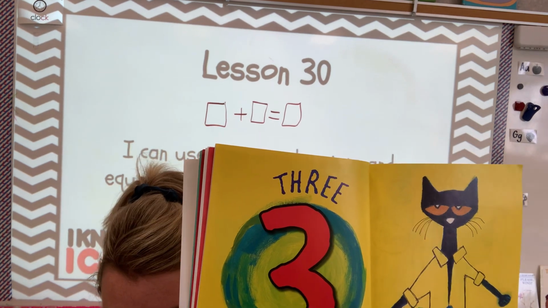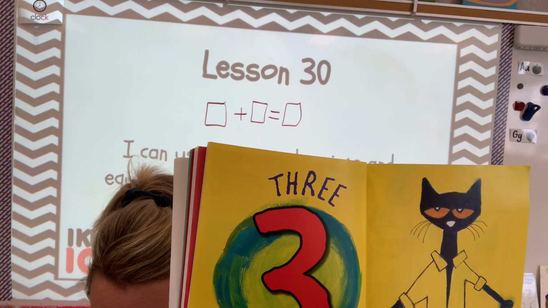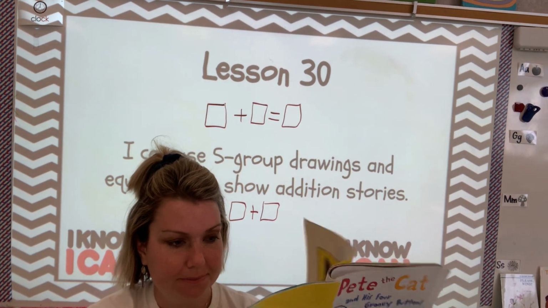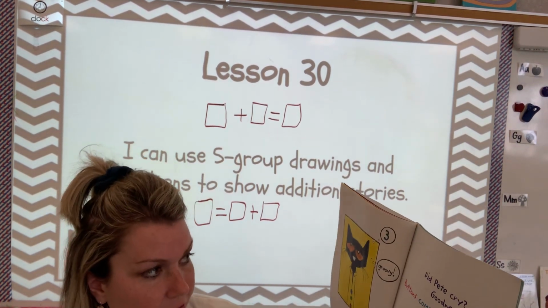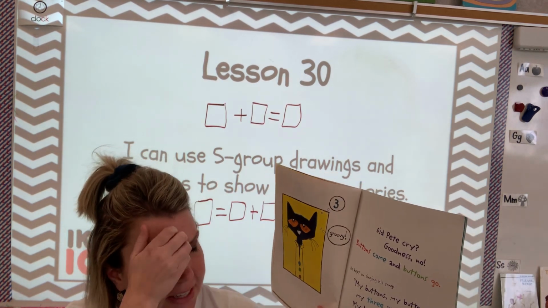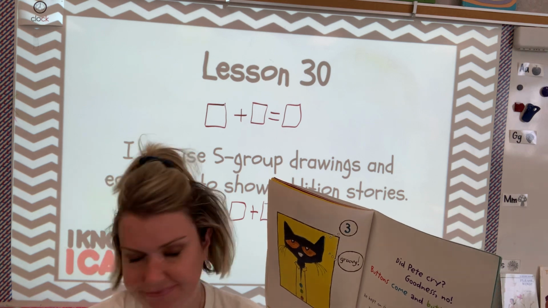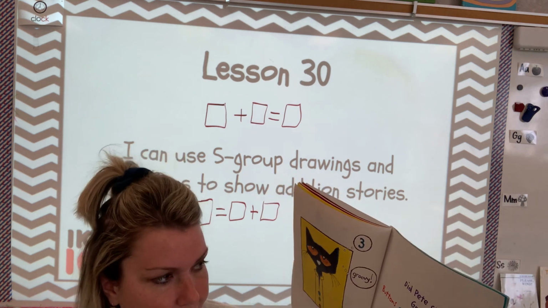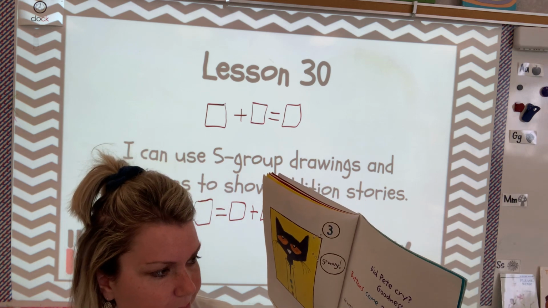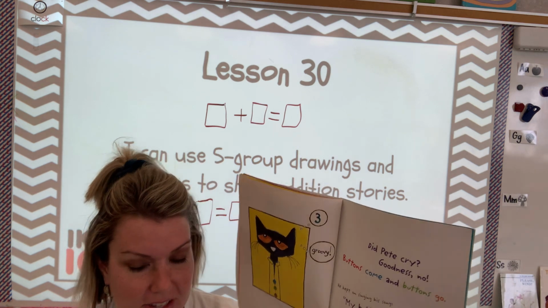Four take away 1 equals 3. 3, groovy. Did Pete cry? Goodness, no. Buttons come and buttons go. He kept on singing his song.